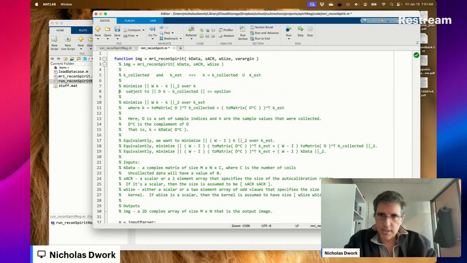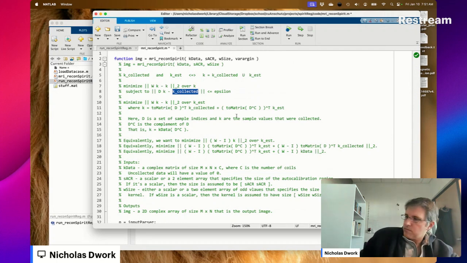And so what's going on here? We know that the values of k space that we collected are not perfect, right? There was noise in those values.